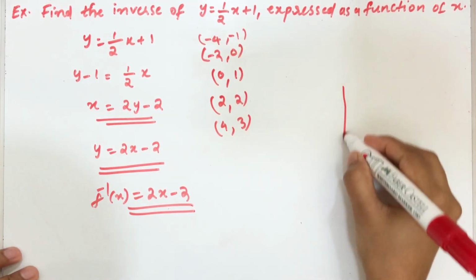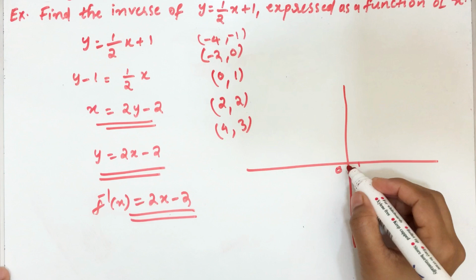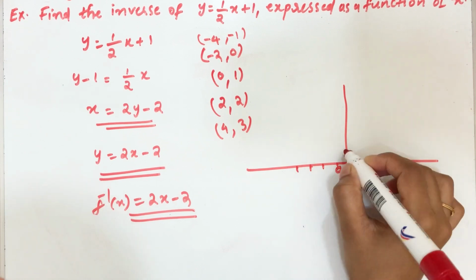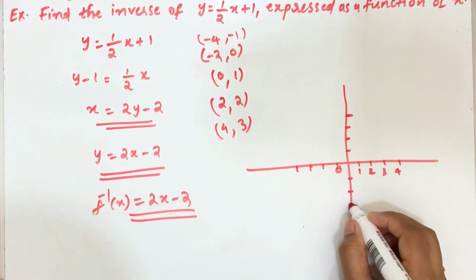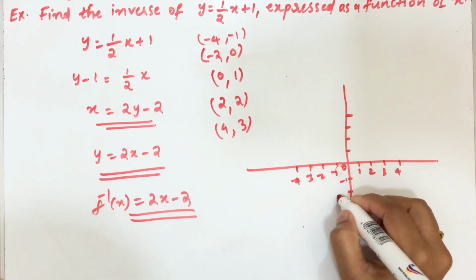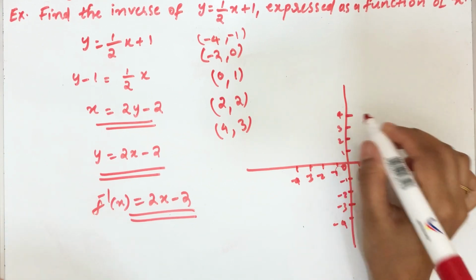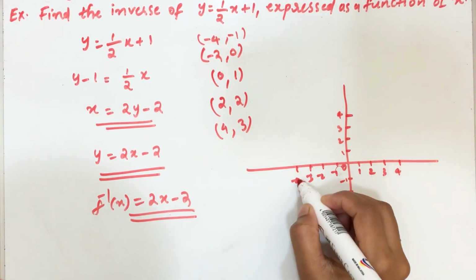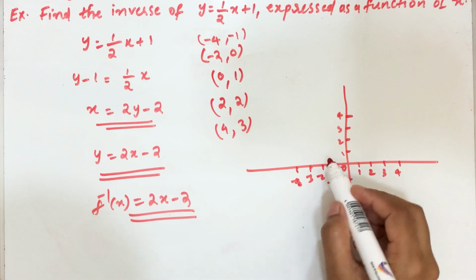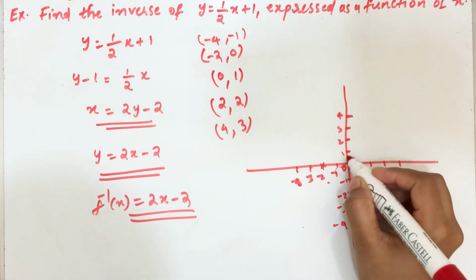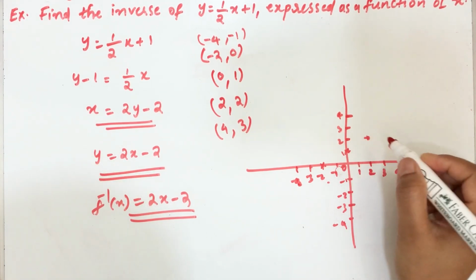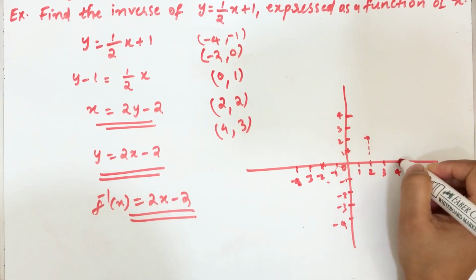We can draw the graph. Points are minus 4, minus 1, minus 2, 0, 0, 1, 2, 2, 4, 3.